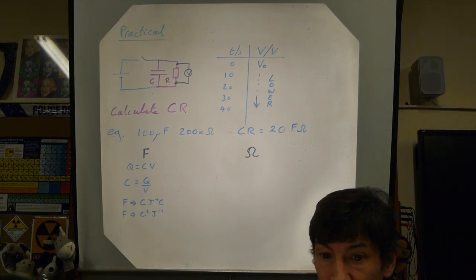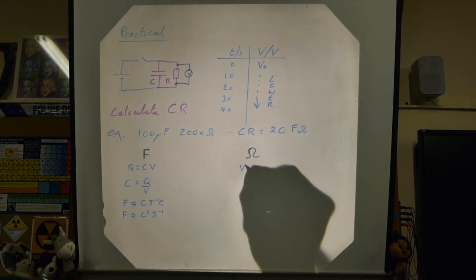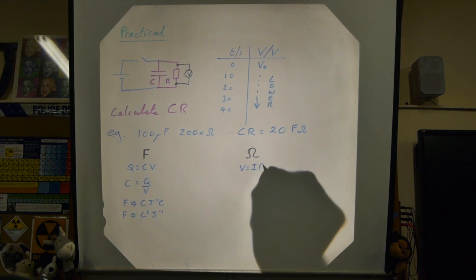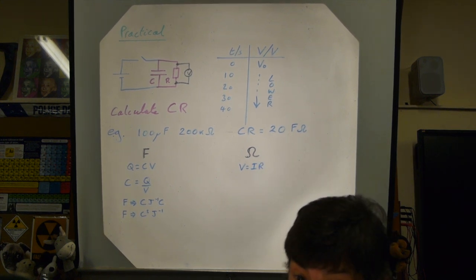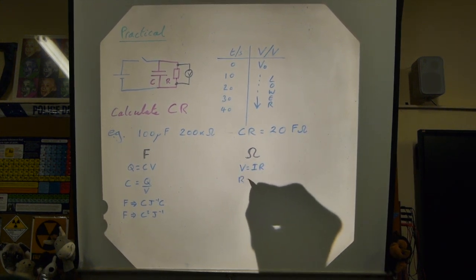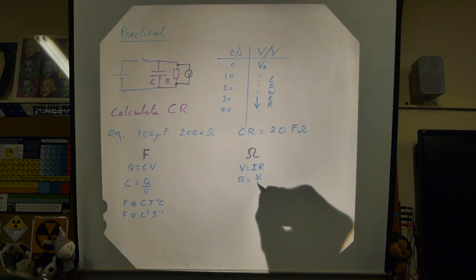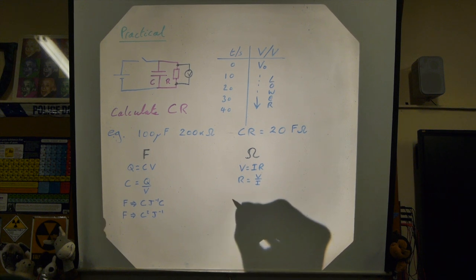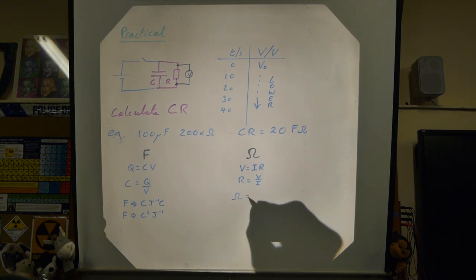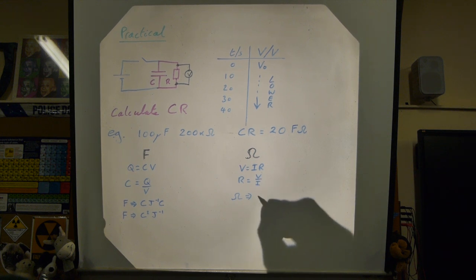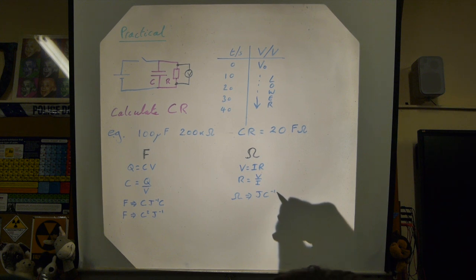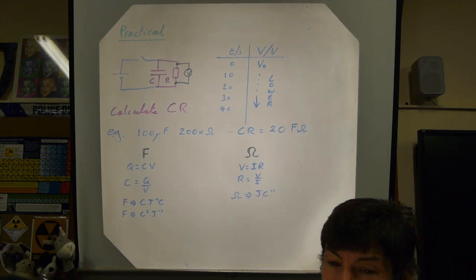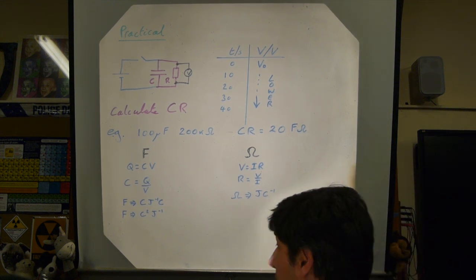Let's do the ohms now. So let's go for V equals IR. Let's see if I can get through this without making a mistake. R is V over I. So ohms are joules per coulomb, joules coulombs to the minus 1, per amp.